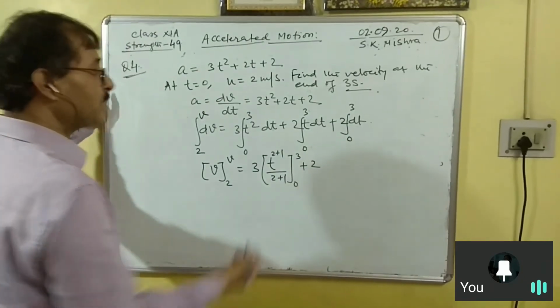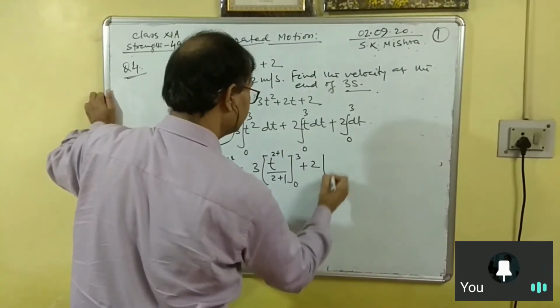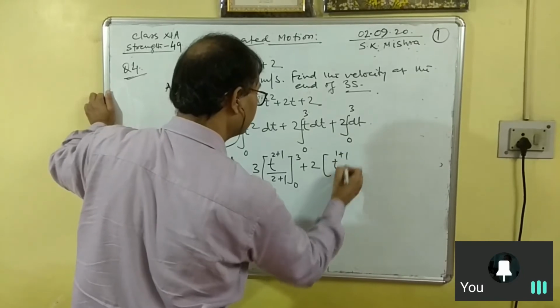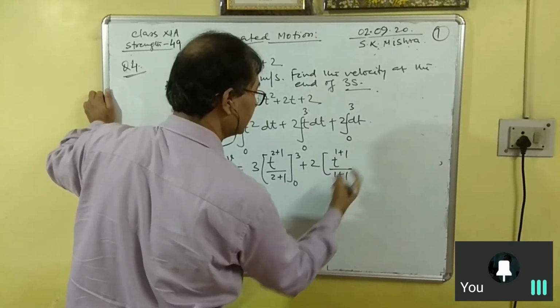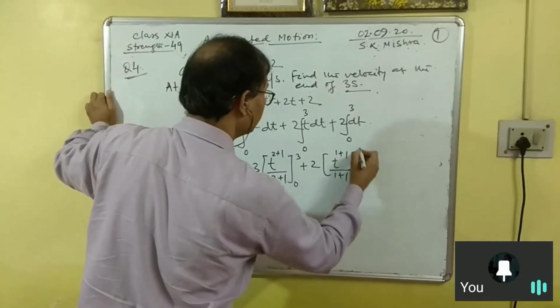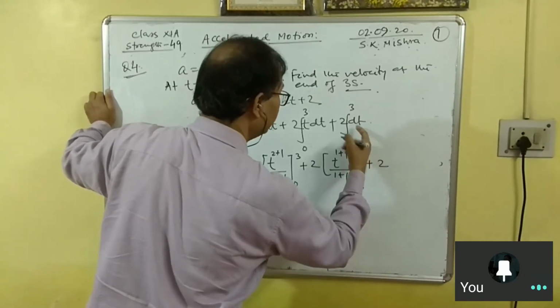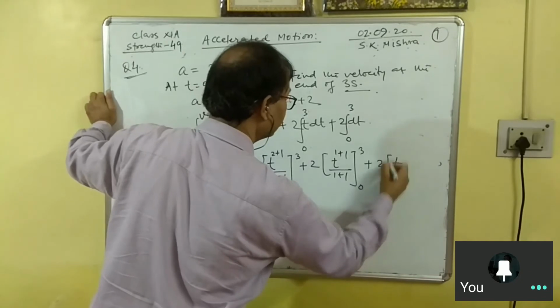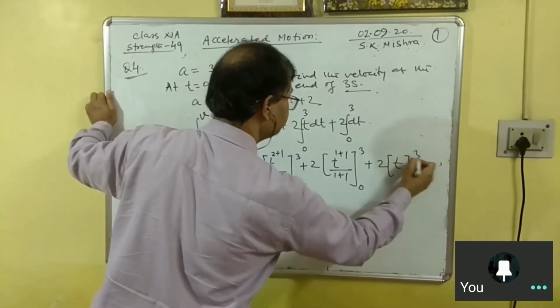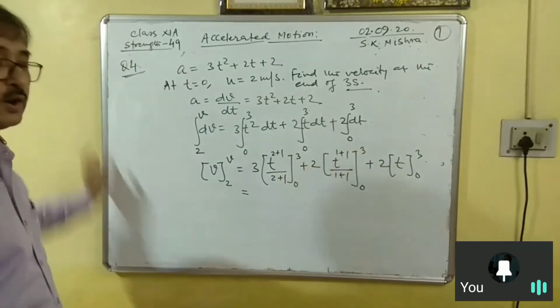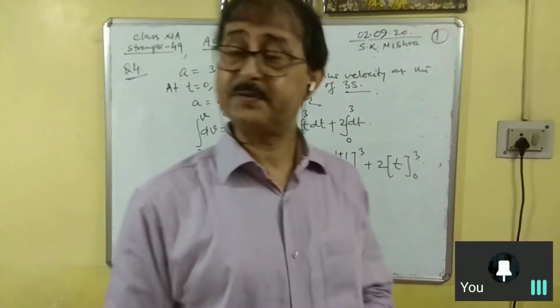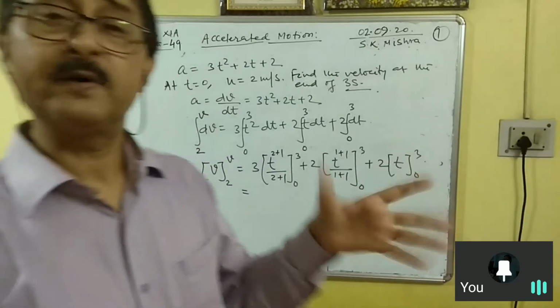So t square by 2, that is t raised to n plus 1 by n plus 1, limit 0 to 3, plus 2 integration dt is t only, limit 0 to 3. No integration constant because it is a definite integral. In definite integral, there is no role of constant.